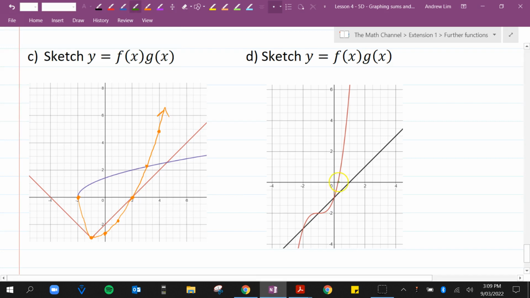Alright, so for D, I know there's going to be 2 x-intercepts here and here. Alright, here we've got a point of intersection where they're both negative. So minus 3 times minus 3, that's positive 9, so that's really high up. Minus 2 times minus 2 is positive 4.